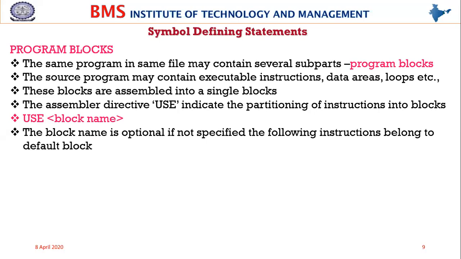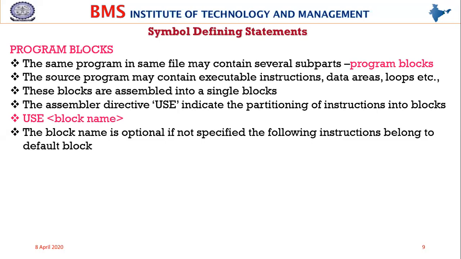By default, when you start writing the program, you have only one block. If you want a second block, you specify it exclusively by using USE followed by the new block name. Similarly, however many blocks you want, you can keep on creating. But whenever you write USE without a name, those instructions belong to the default block.